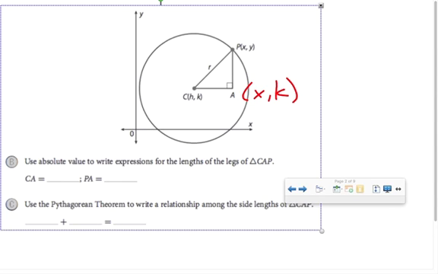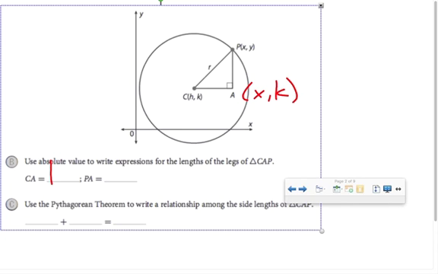And we'll use absolute values to write expressions for the lengths of CA and PA. So CA is the absolute value of, well, I look at these 2 points, and since they're on a horizontal line segment, I'm really only counting the spaces. Since it's a horizontal line segment, the y coordinate is the same, so I'm going to ignore that.